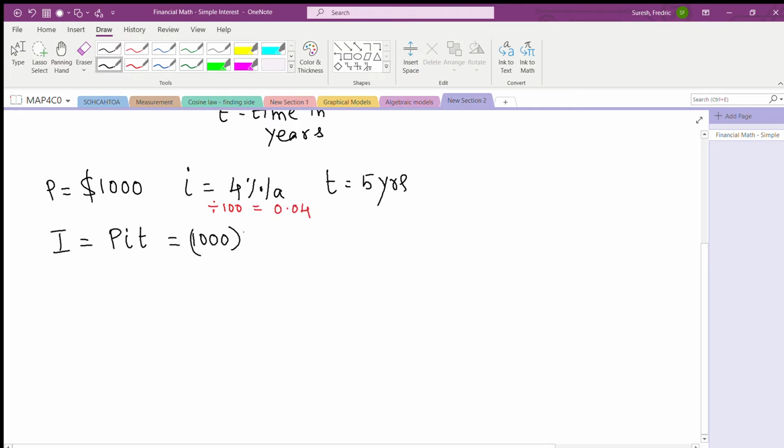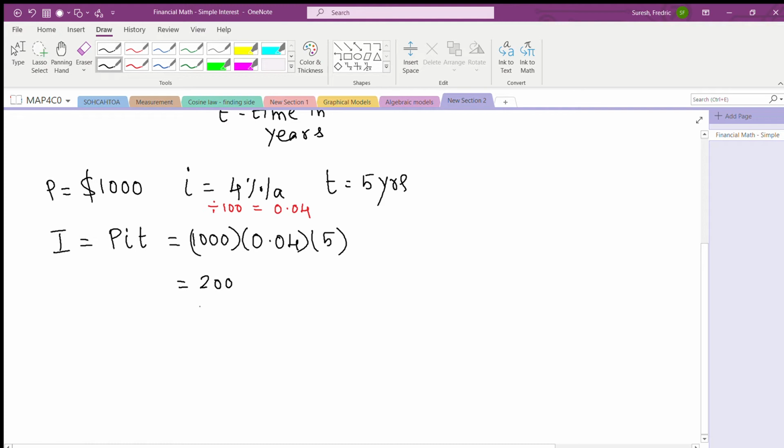That is the substitution you put here, 0.04. And the T is 5 years. So I'm punching this into my calculator: 1,000 times 0.04 times 5 years, and I get 200. So the interest that you have to pay is $200.